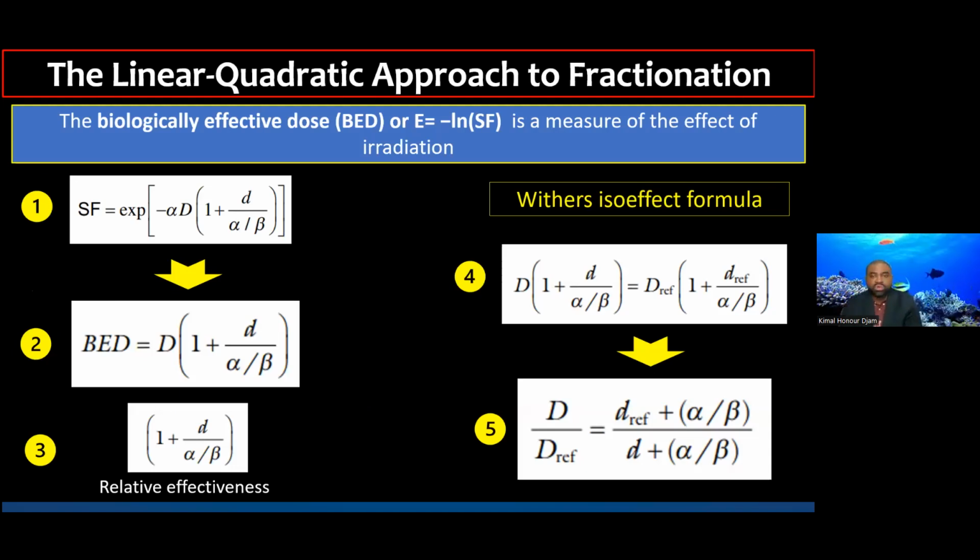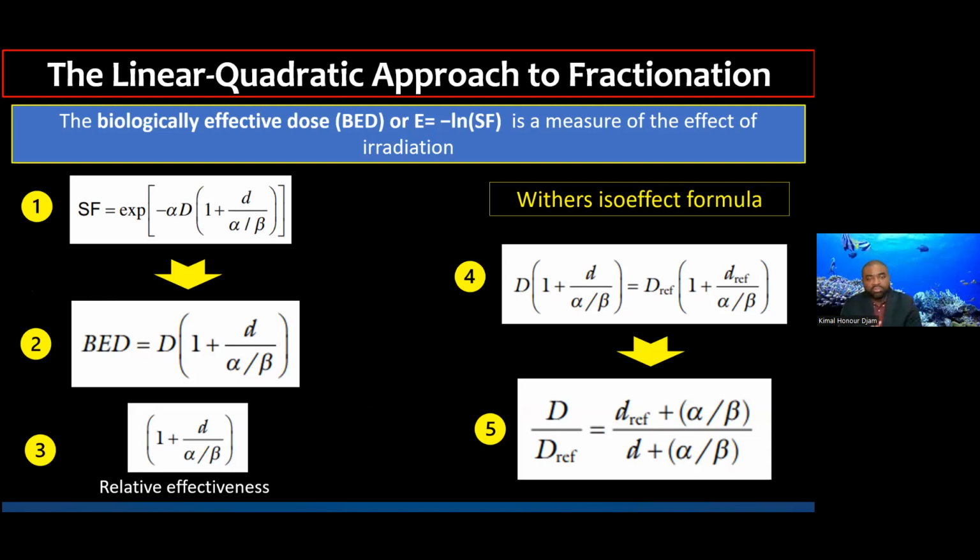And so the approach that I'm going to use in our gap calculation will be based on the linear quadratic approach to fractionation. Now, when we talk about the linear quadratic approach to fractionation, there are some key important concepts that come to mind.